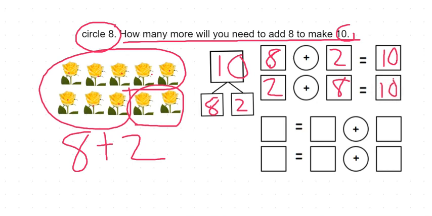Whichever way you count them first, they amount to be the same thing. So we can say what? 10 is the same as having 2 plus 8, or 10 is the same as having 8 plus 2. Is this easier for you guys? Beautiful. All right, we're almost done.